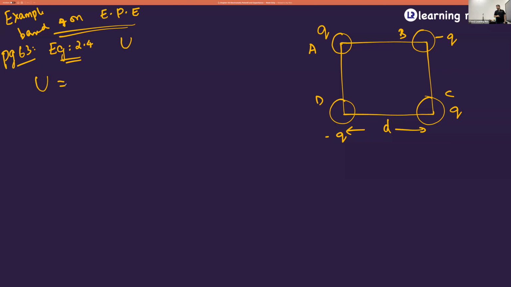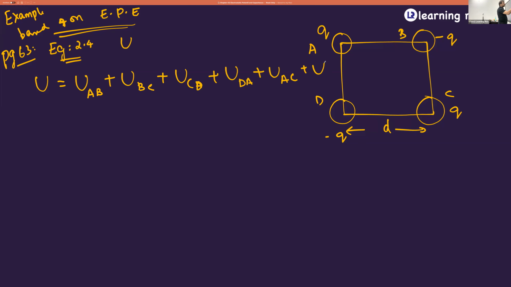It is very simple. It is the electrostatic potential energy between AB, between BC, between CD and DA, right? But we are missing two other things. It is between AC and it is between BD also.